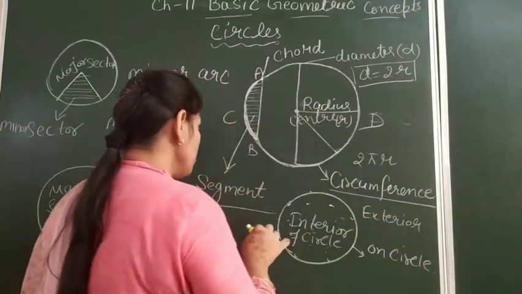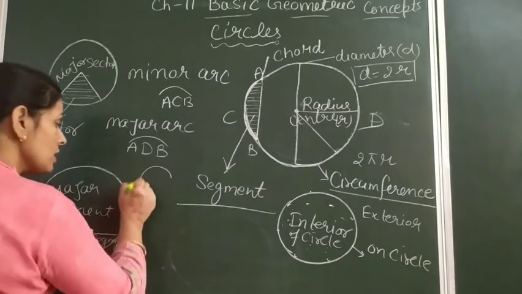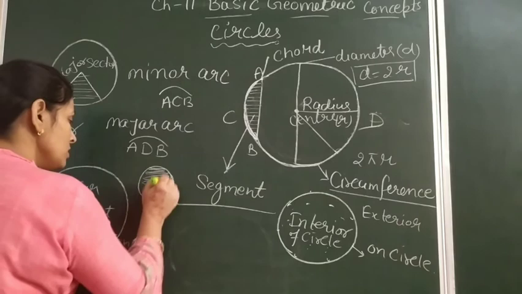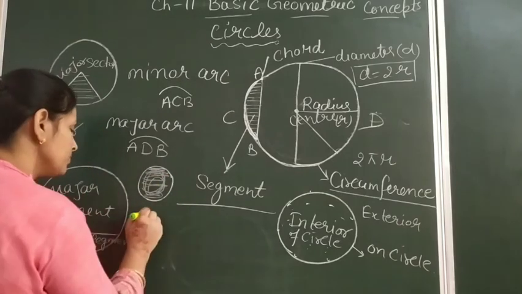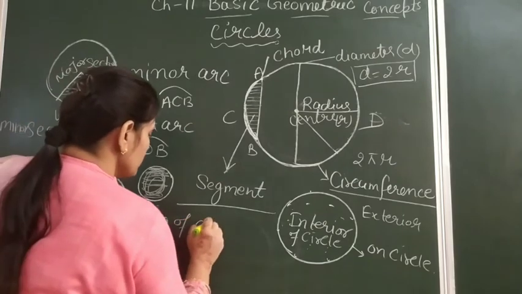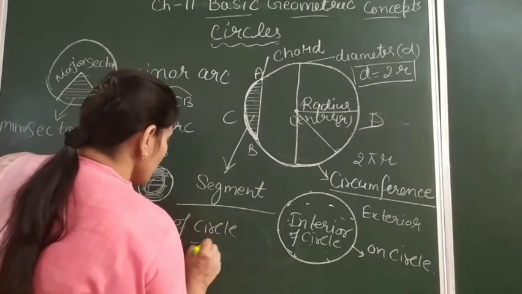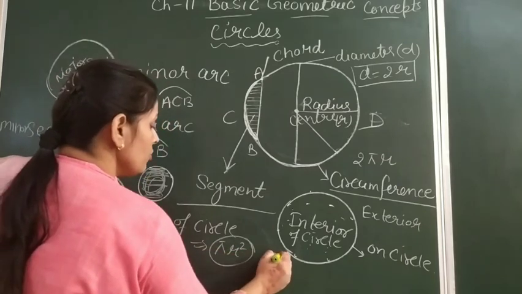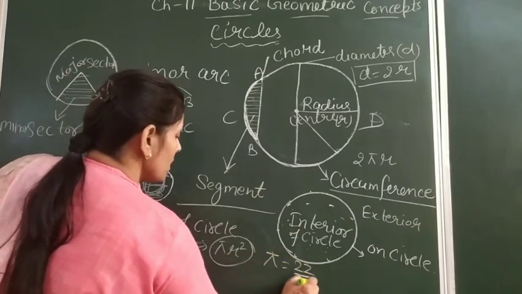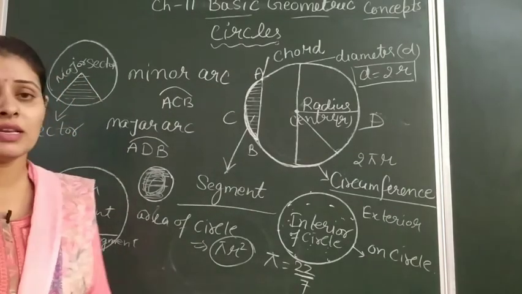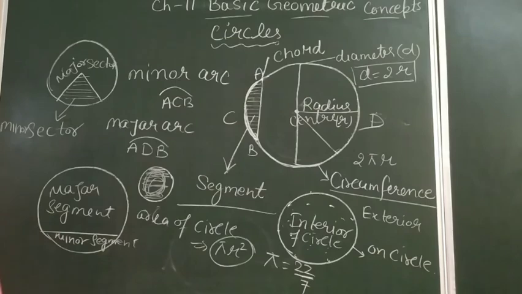And if we have to find the area enclosed by this boundary, this is the area of the circle, and the formula is pi r square, where the standard value of pi is 22/7 and r is your radius.